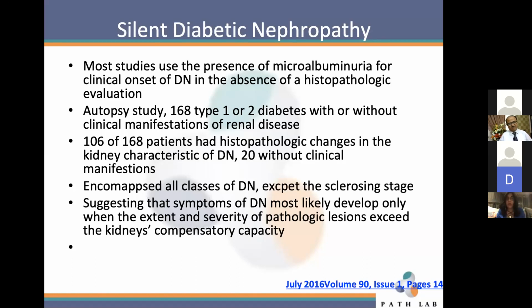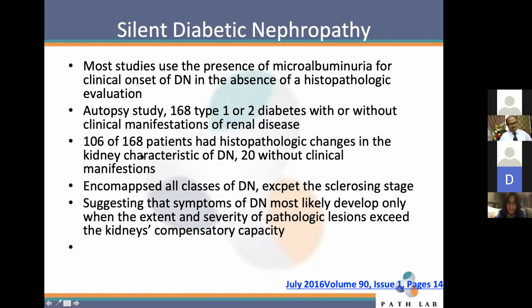But if we come to consider the significance of the presence of microalbuminuria for the clinical onset of DN, in the absence of a histopathological evaluation, you see this is a very nice study, relatively recent in 2016, and they've done an autopsy study. They had 168 patients, diabetics type 1 or 2, with or without clinical manifestation of renal disease. So not all of the 168 patients actually had established diabetic kidney disease.